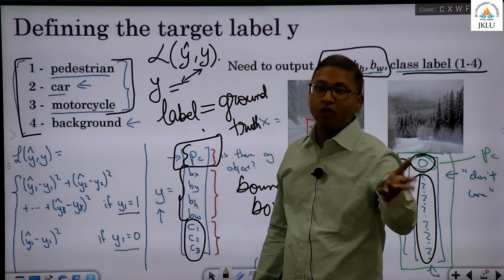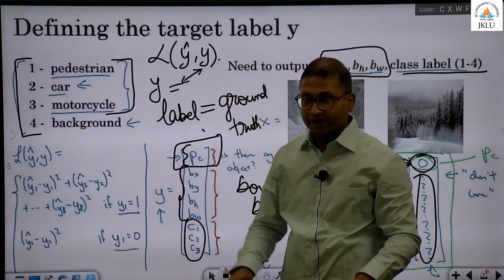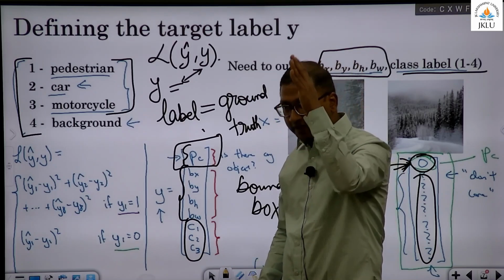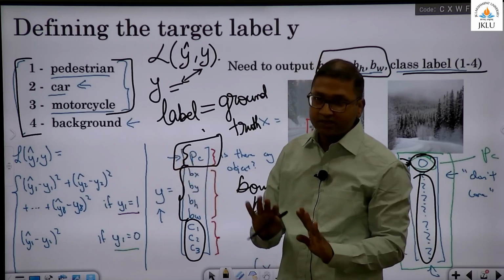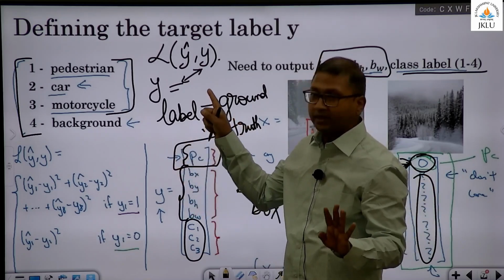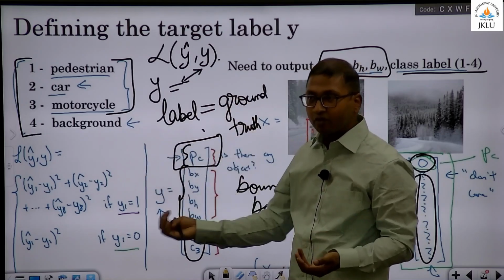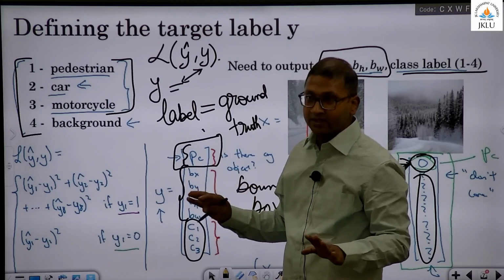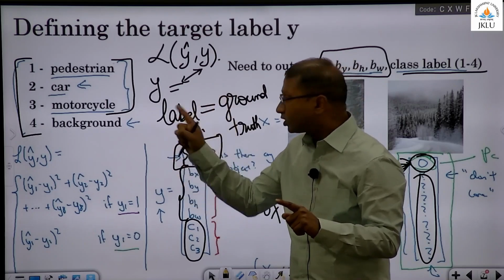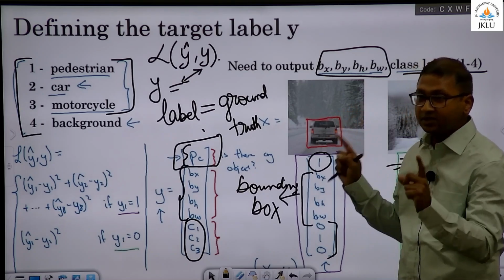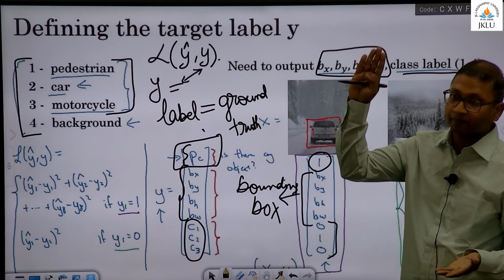Either it was 0 or 1, or a vector in which there is exactly one 1 and everywhere else 0. This is the most complicated Y we had prepared. But now the complexity of Y is increasing. That means the human labor cost of labeling these images is going to go up.